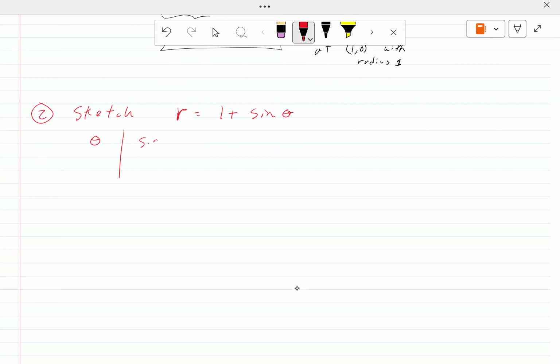So we're going to do a theta, 1 plus sine theta table. And then we're going to say, well, what's our r? Because the 1 plus sine theta, that's my r.